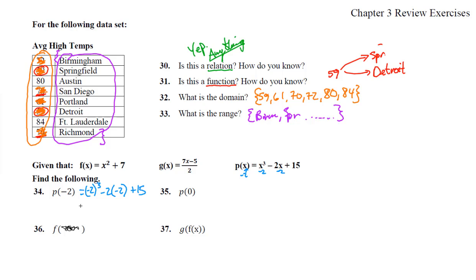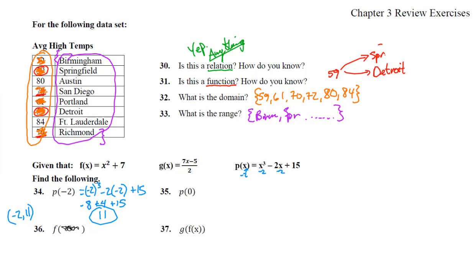See, -2 cubed is -8. -2 times the -2, that's plus 4, plus 15. That's -8 plus 19. That's a positive 11. So if this were graphed, you'd have -2, 11. -2 goes in for the x, 11 pops out for the element of the range that connects up with that. So p of -2 is 11.